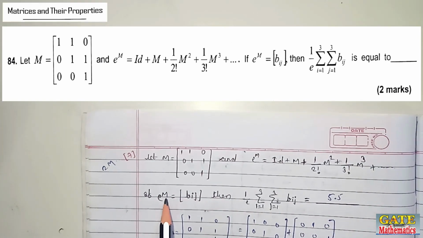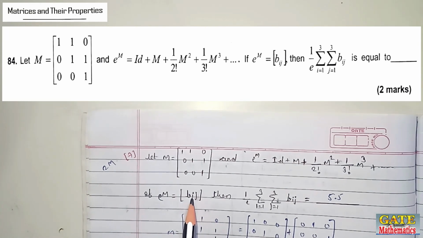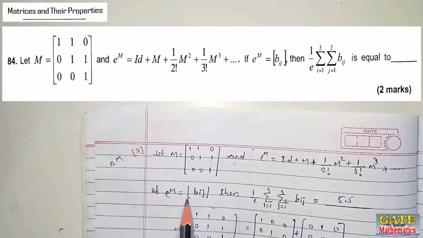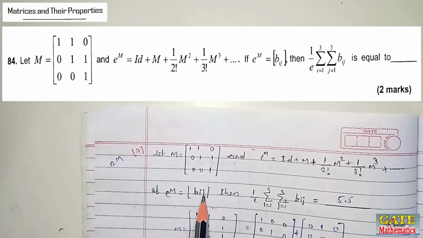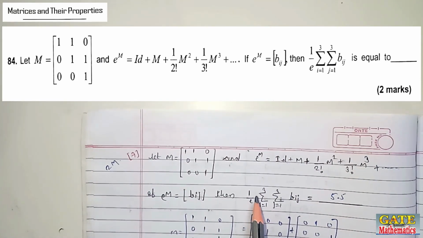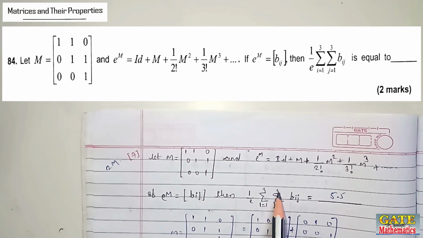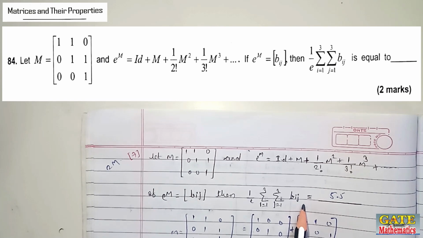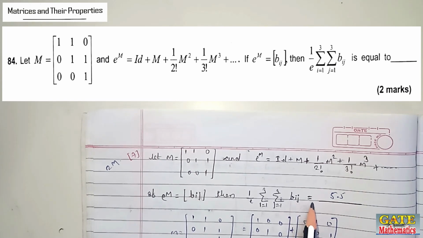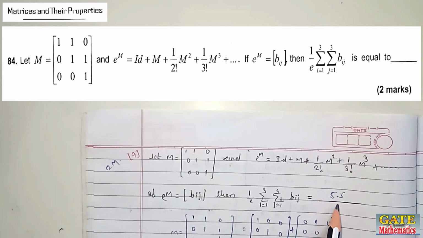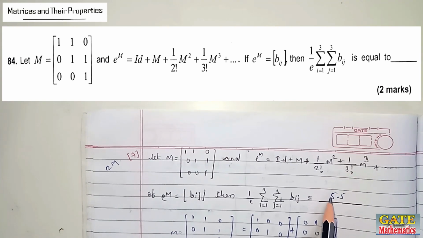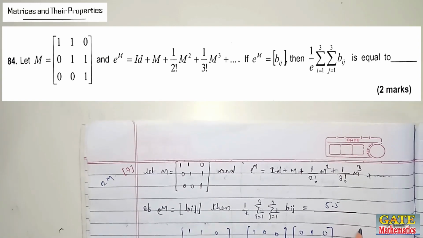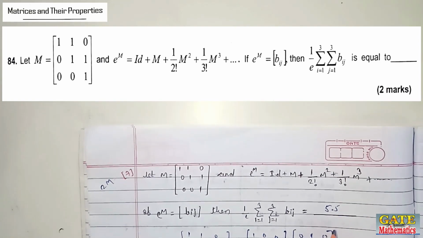If e to the power M is the matrix B with elements bij, then we want the value of 1 upon e, the sum over i equal to 1 to 3 and j equal to 1 to 3 of bij. This is a numerical answer type question, so we have to fill in the blank. Now let's see how the solution looks.